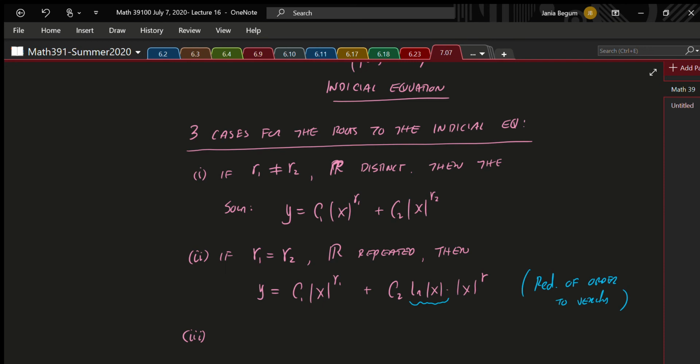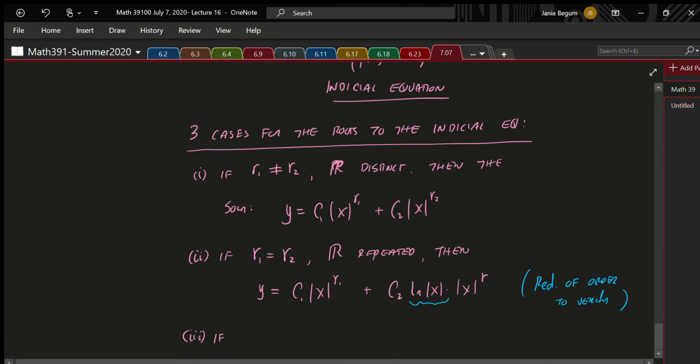Now the third case will be the complex roots, right? So if r1 and r2 are complex, so C stands for complex, that means we have r equal to a plus or minus bi, with lowercase b.